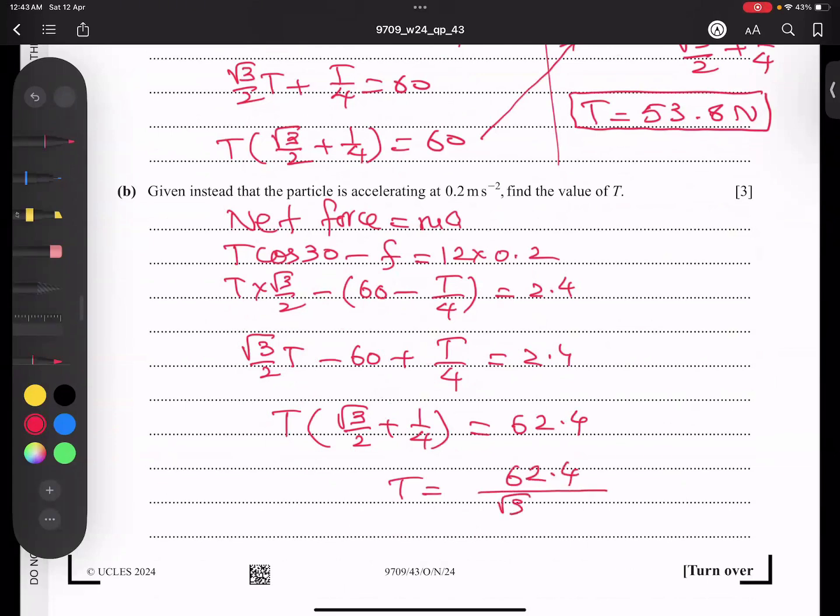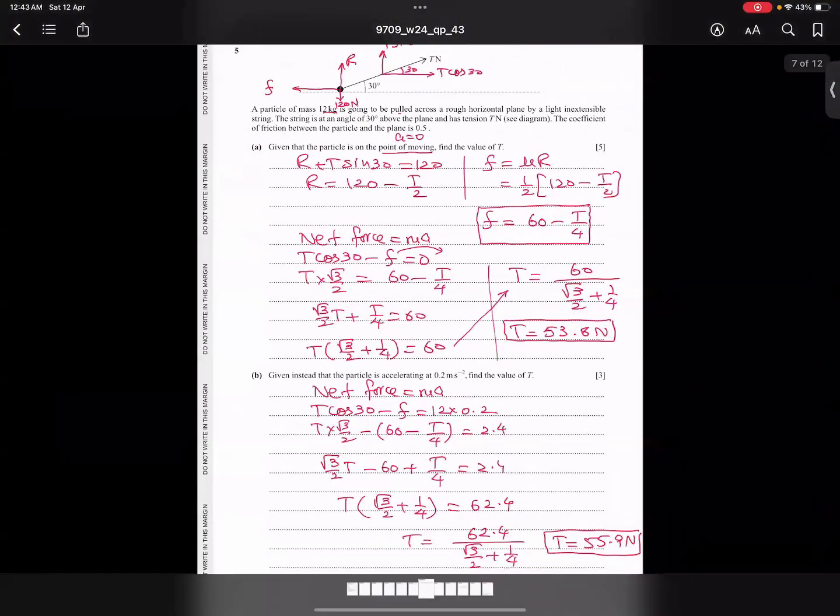If sometimes he asks you for the exact value, we can do some more calculation. But in this particular situation, he is not asking for the exact value. So if I type it in the calculator, I get 55.9 newtons. I believe the point is very clear. So let's go to the next question.